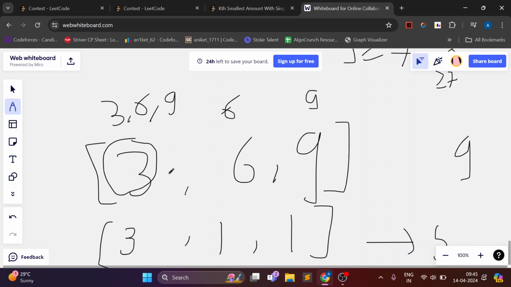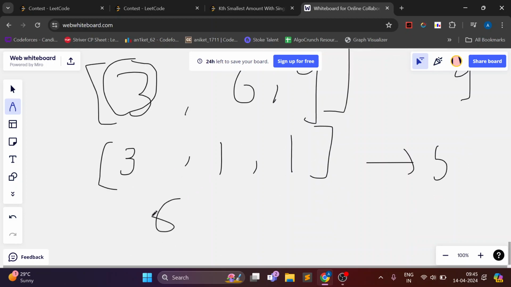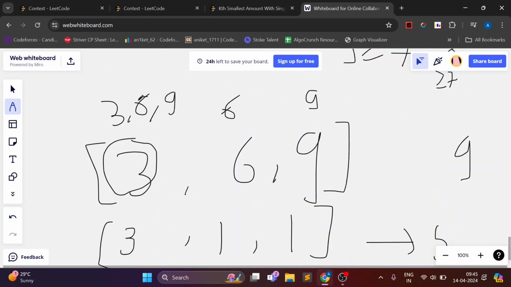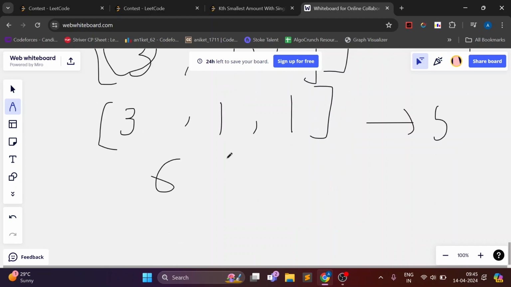The number of multiples repeated in 3 and 6 will be equal to the multiples of the LCM of 3 and 6. The LCM of 3 and 6 is 6, and 9 by 6 is 1. So this one multiple was repeated. So I will calculate multiples of the LCM of 3 and 6 and subtract them from this 5.